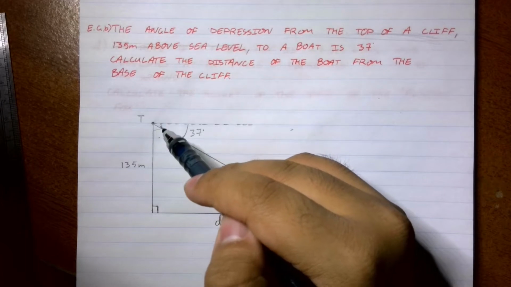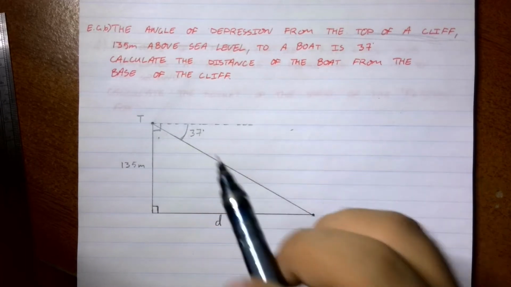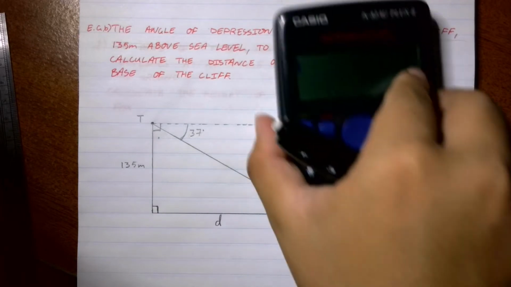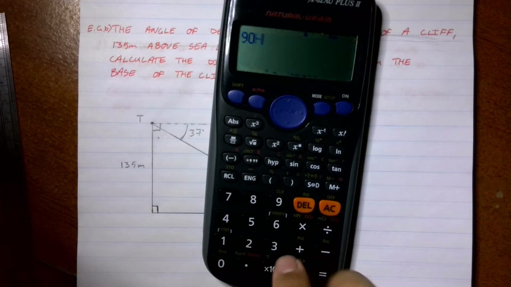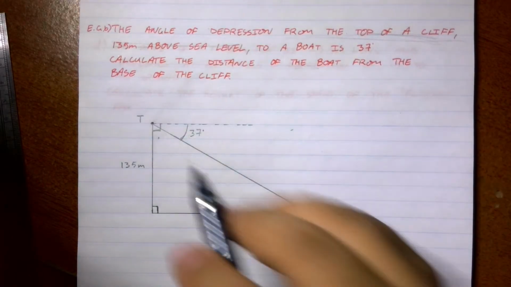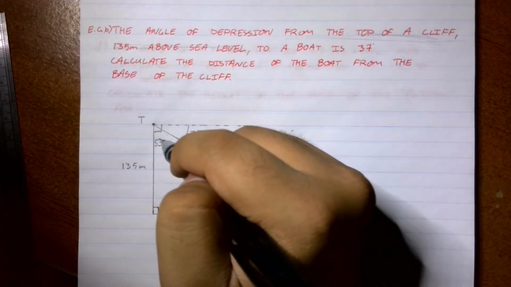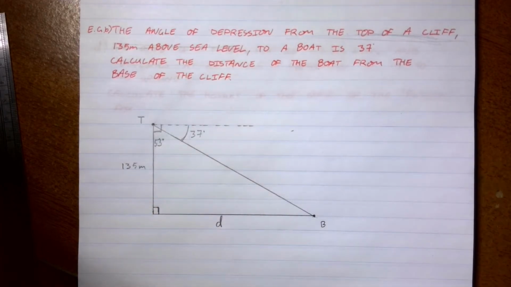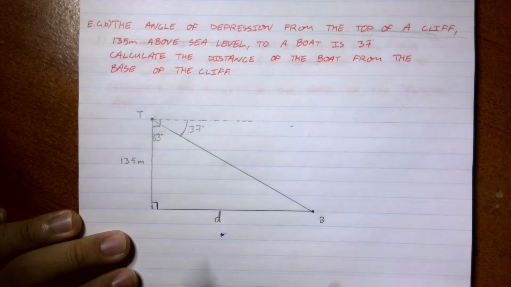So if this is 90 degrees, this angle plus this angle must equal 90. So if we do 90 take away 37, that gives us this angle in here to be 53 degrees. Now from here, we can use trigonometry to calculate the value of D.